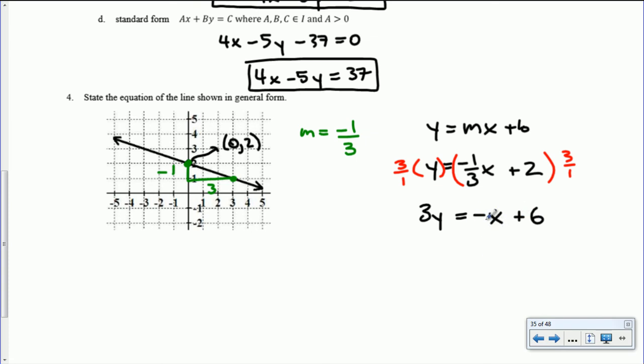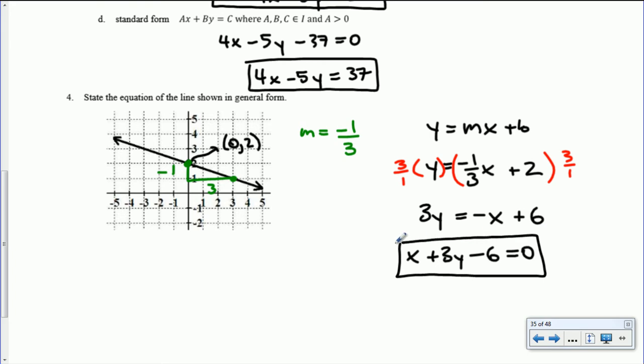I need this to be positive, so I should bring all of this stuff to the left side. So I add x to both sides, x plus 3y, and I need to subtract 6 from both sides. Subtract 6 equals 0. That's general form. So it's 1x plus 3y minus 6. My condition that a is greater than 0 is met. So that's it.